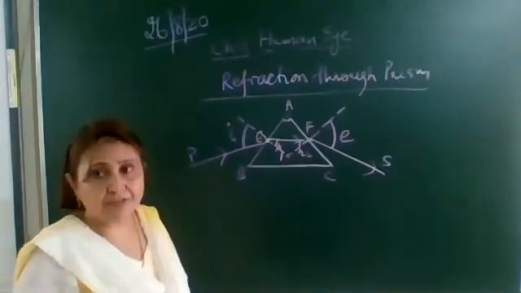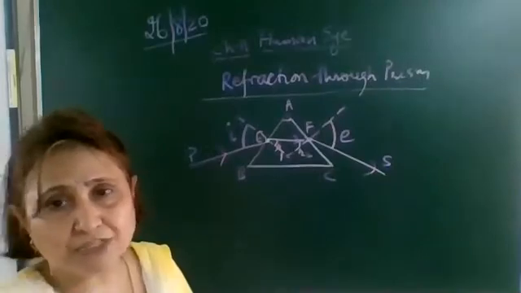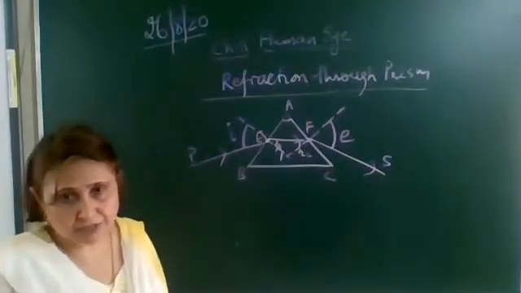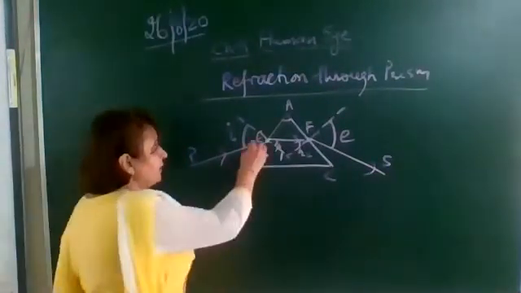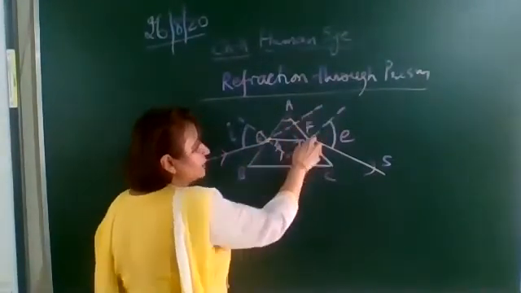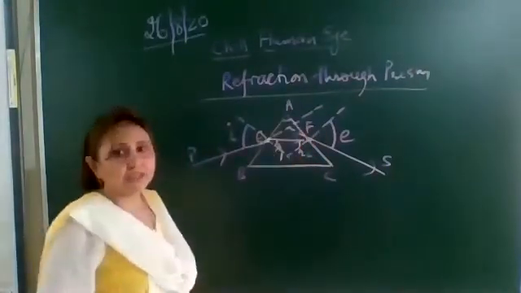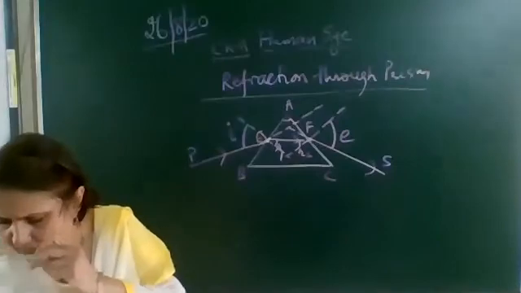In the case of the glass slab, we have seen that the incident ray is parallel to the emergent ray, but not here, not in this case. If you extend the incident ray forward and the emergent ray backwards, we see that they meet at a point.